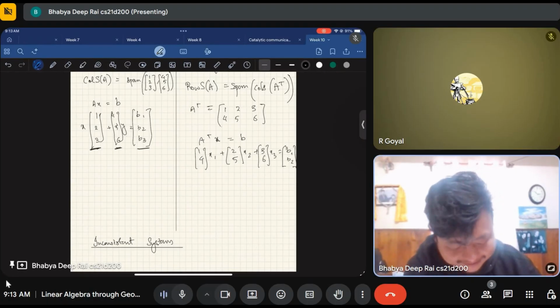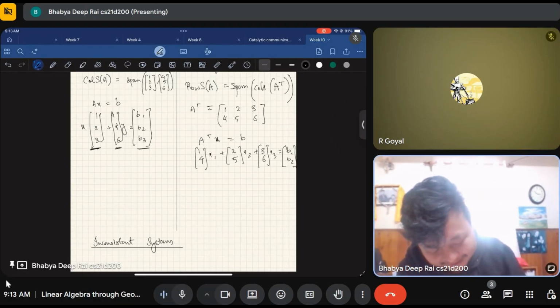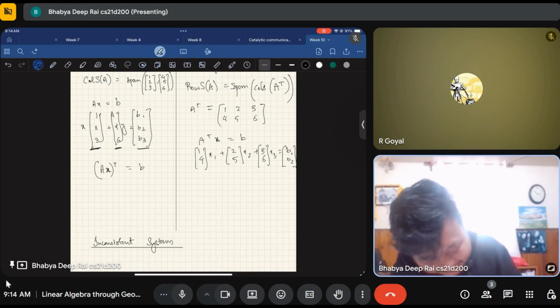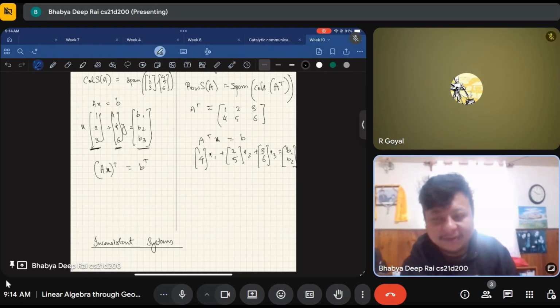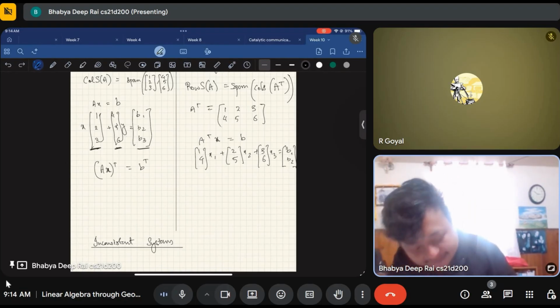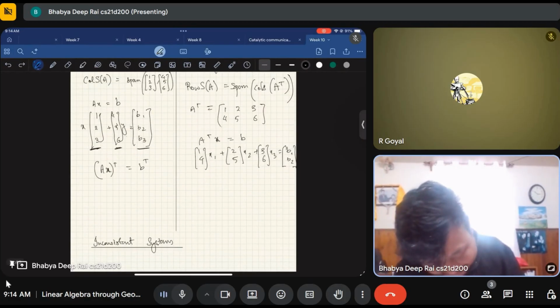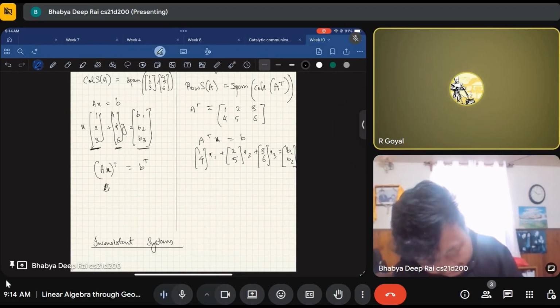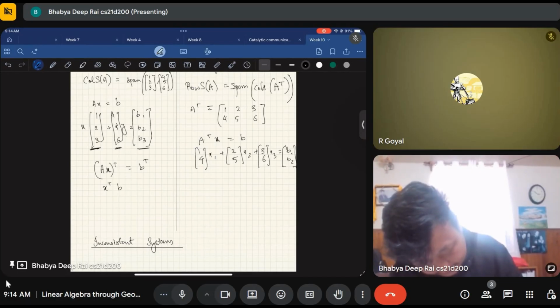No, because it doesn't work that way. For example, if I try to transpose both sides, (Ax) transpose equals b transpose, because originally it was Ax equals b, then it becomes x transpose times A transpose equals b transpose.